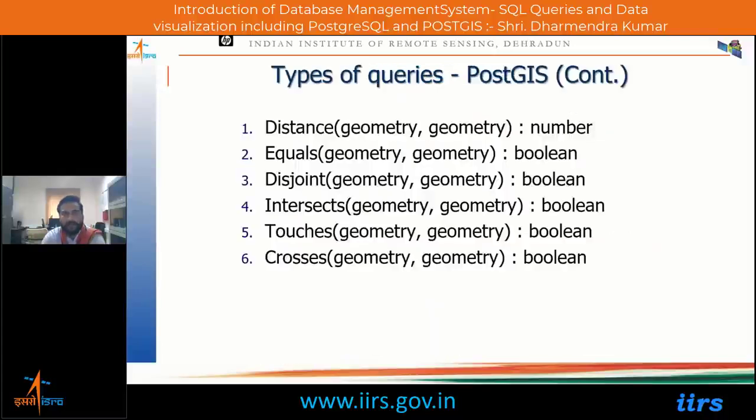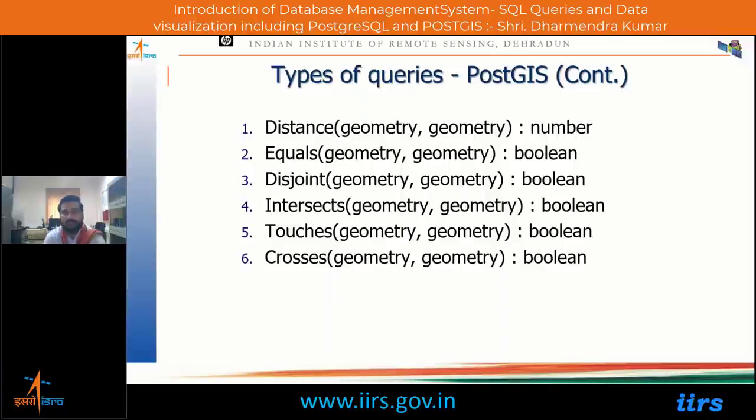Types of queries in PostGIS: we can use the distance command directly to find the distance. The output will be a number. Equals finds whether the two geometries are equal. Disjoint, whether the geometries are not connected. Intersect, whether they are connected somehow, intersecting each other.